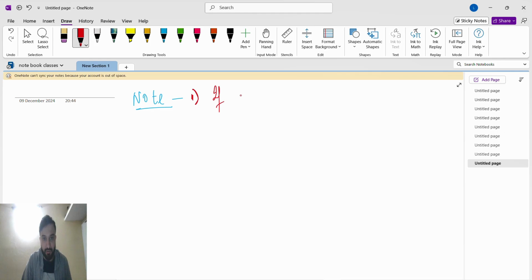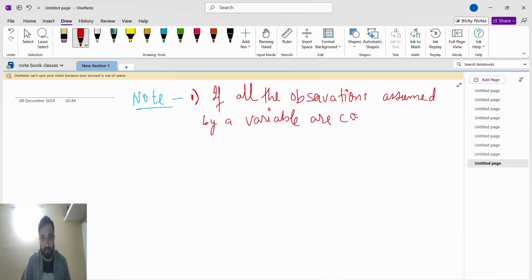If all the observations assumed by a variable are constant, this is very important. You can expect a 99% chance they will ask this note. If all the observations assumed by a variable are constant, then range, QD, MD, SD.